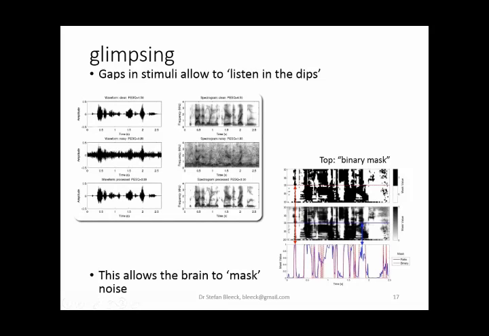Now, there is a very efficient way, the most efficient way of signal processing that has been developed in the last 5 years or so, which is called a binary mask, in order to get rid of the noise, because that's what we want to do in a hearing aid in the end.